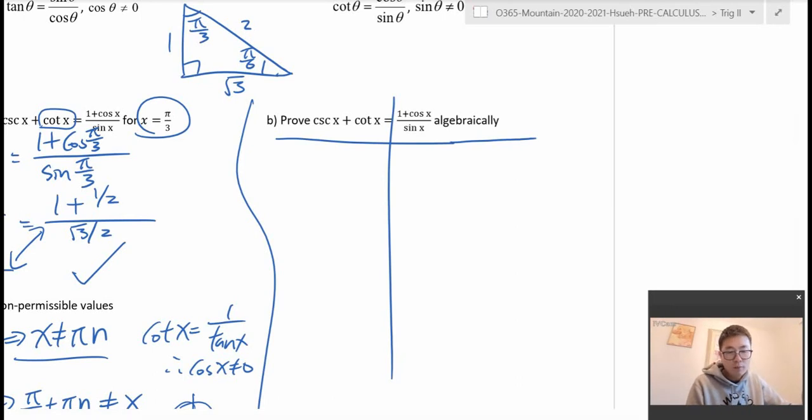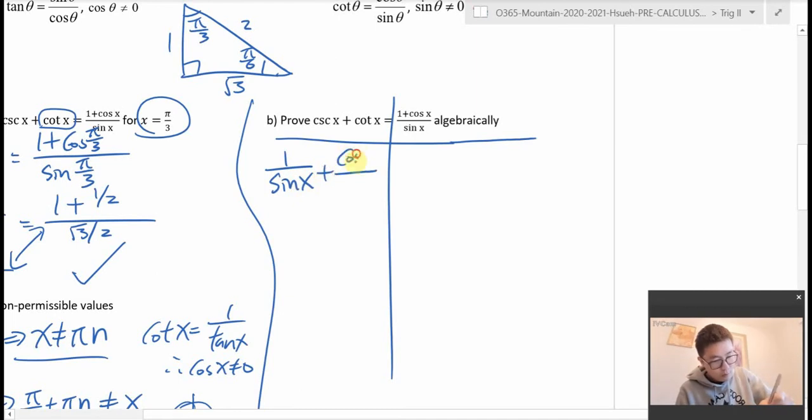Now, there are some tricks to prove. One of the most important or basic tricks is to change everything to cosine and sine. Especially as a beginner, I would really suggest you change everything to sine and cosine. So here we go. Cosecant is 1 over sine.